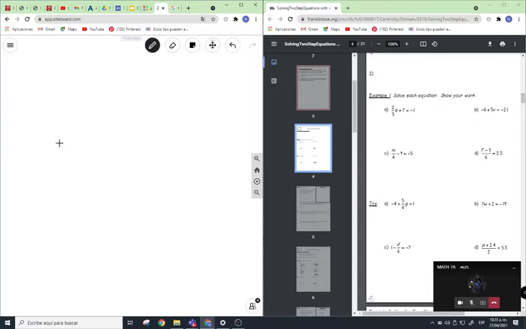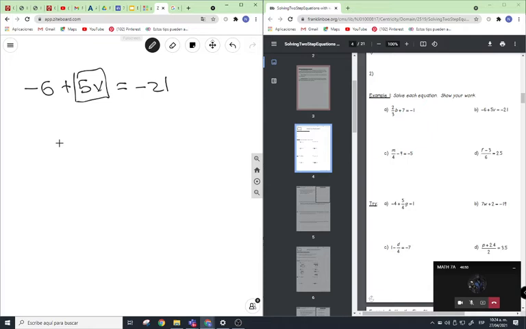The second example is a little bit faster because it doesn't involve a fraction. So it's negative 6 plus 5v equals negative 21. Okay, so what is closer and what is further from the v? This 5 is really close to the v, it's almost in the same place, so we are going to leave that to the end.